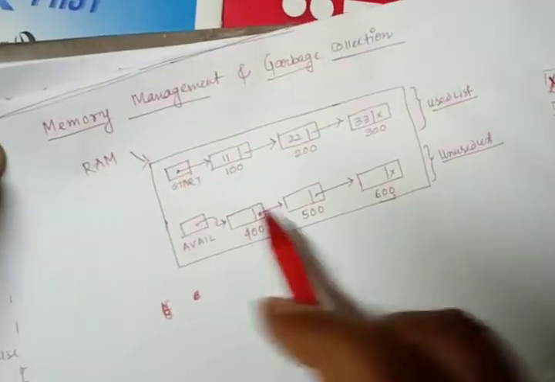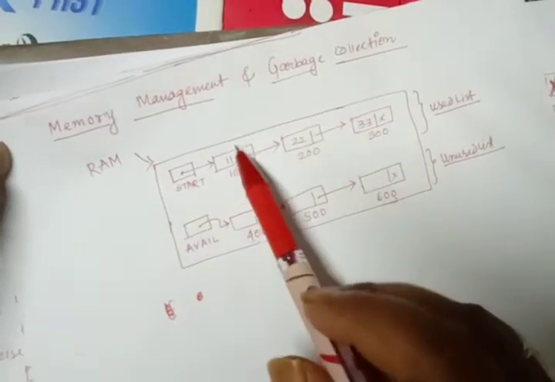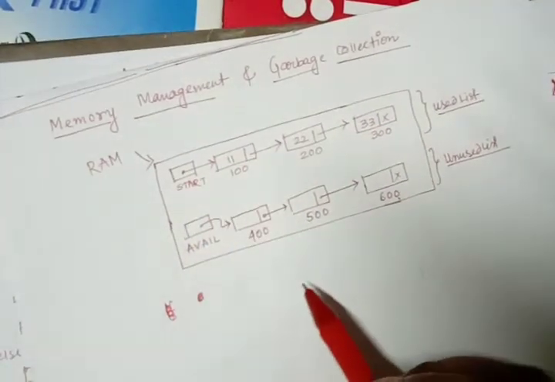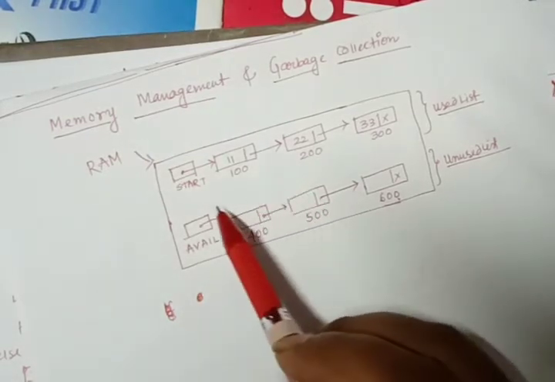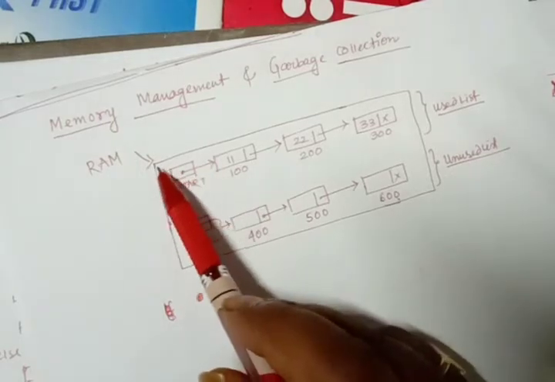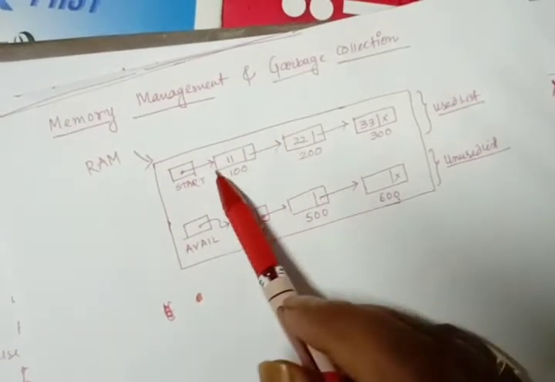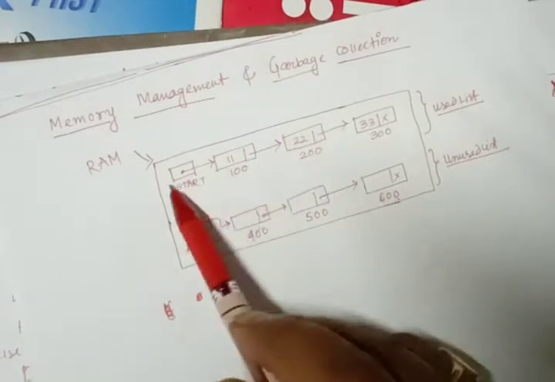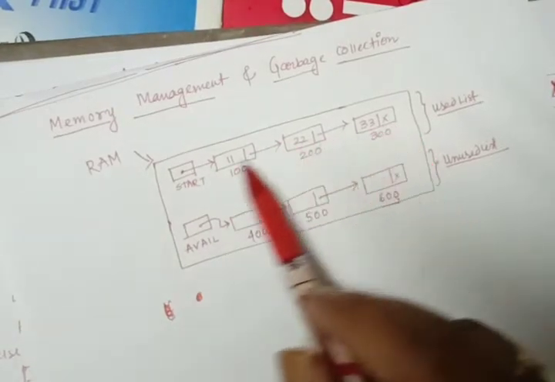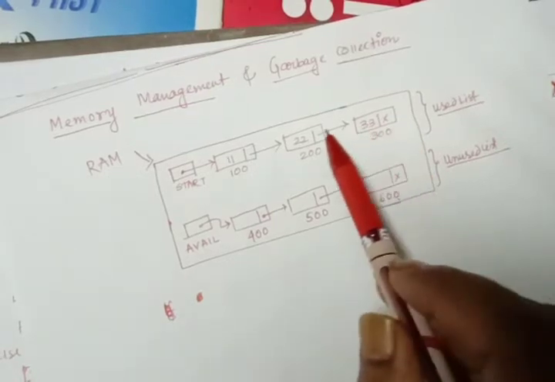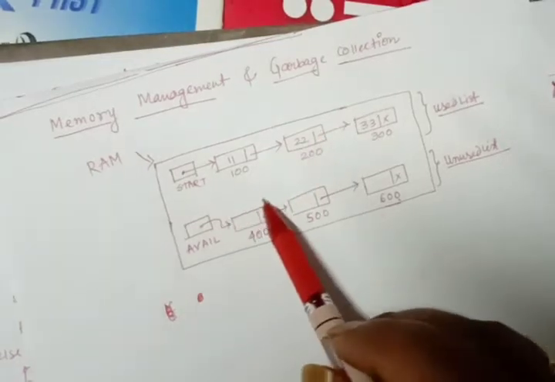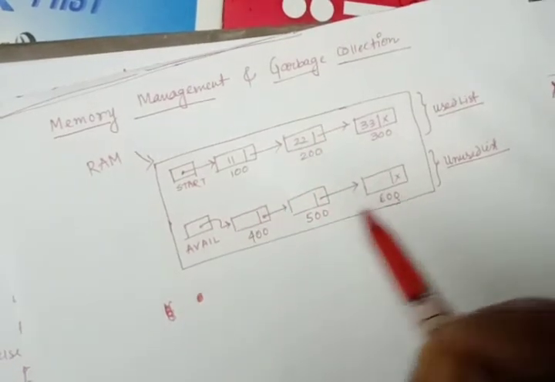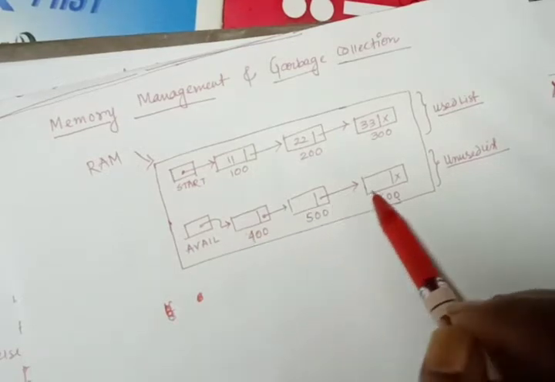Now we move to the next topic, memory management and garbage collection. This topic is important in case of inserting a new node in the list or deleting a node from the list. Now you see that in a memory or RAM, beside a used linked list, suppose this is the used linked list in the memory, the operating system maintains an unused list where the available nodes are there.